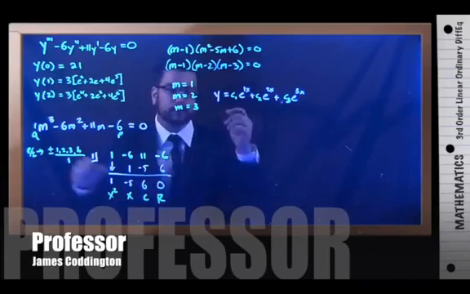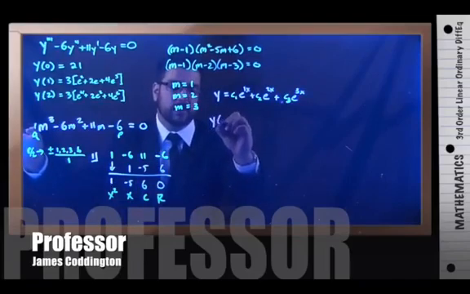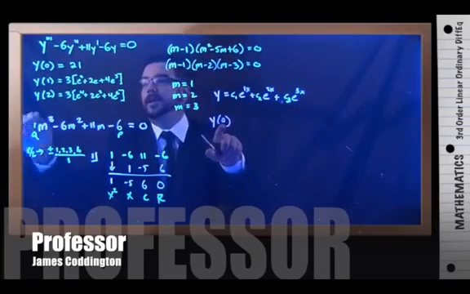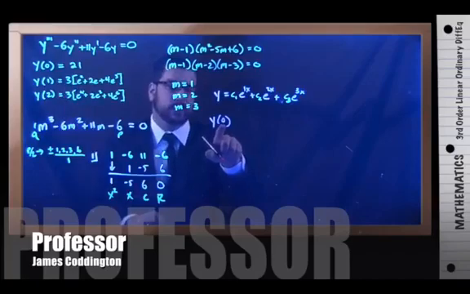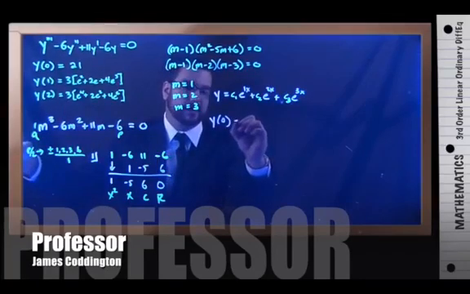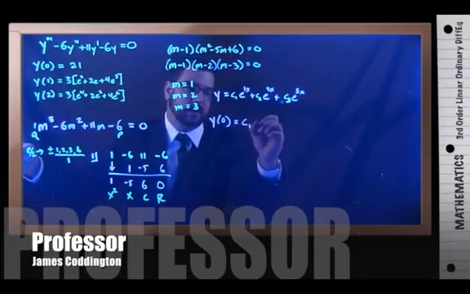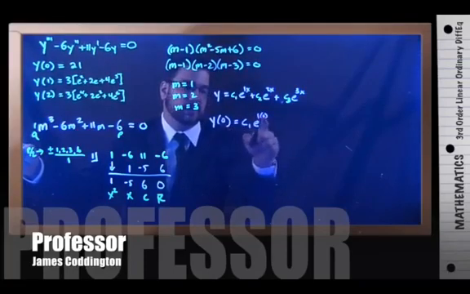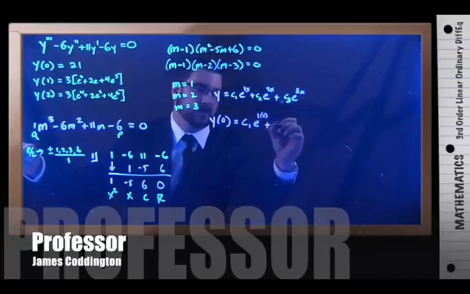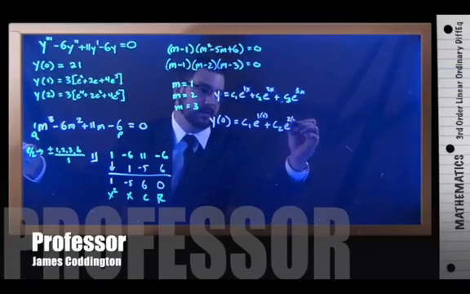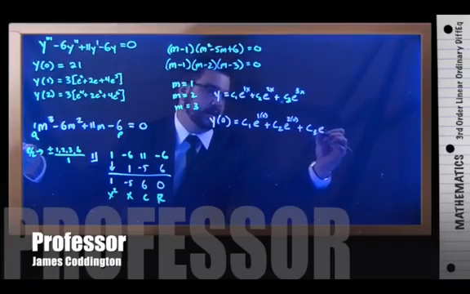So, the scenario where the input is 0 and the output is 21 will look like this. C1 e to the 1 times 0, because that's our input, plus C2 e to the 2 times 0, plus C3 e to the 3 times 0.